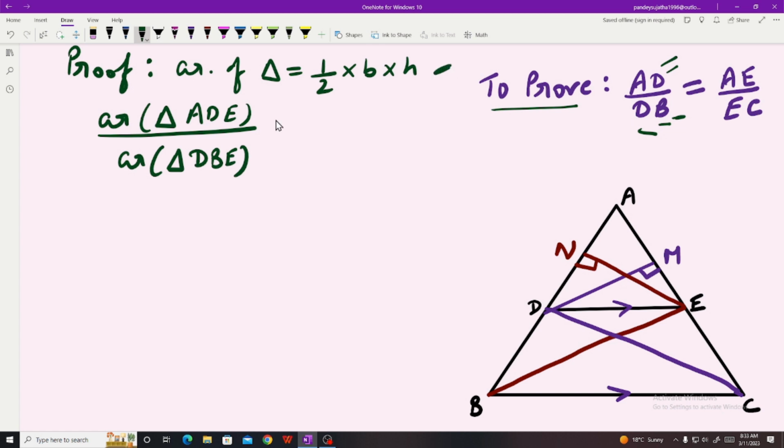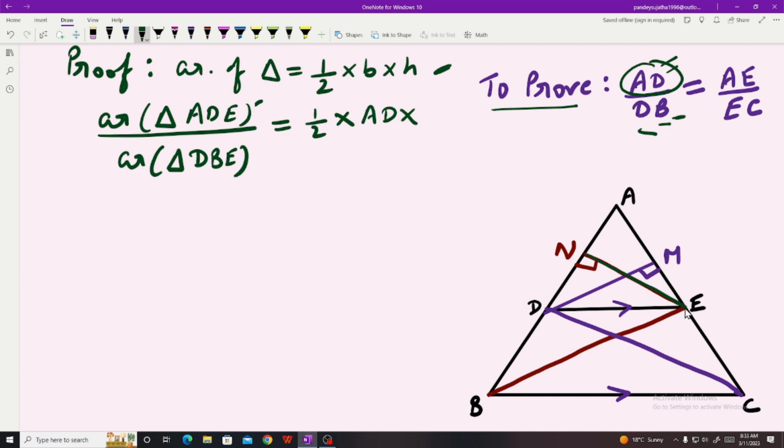Use this formula. Area of triangle ADE is half into, here the base we want AD. So I'm going to take the base as AD into height. So now just be careful while taking the height. If the base is AD, then the corresponding height will be EN.